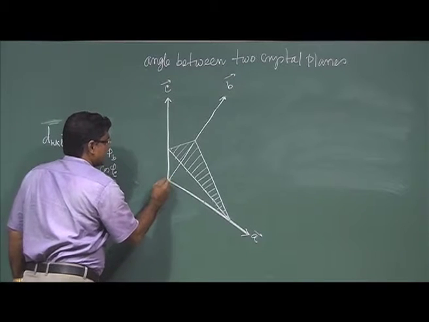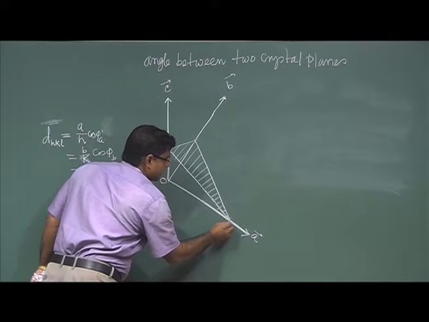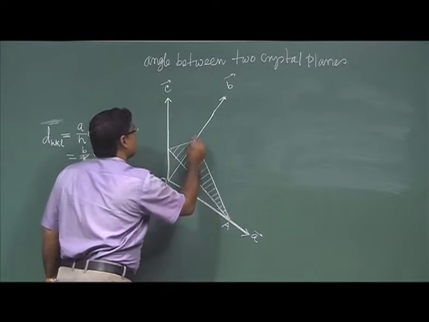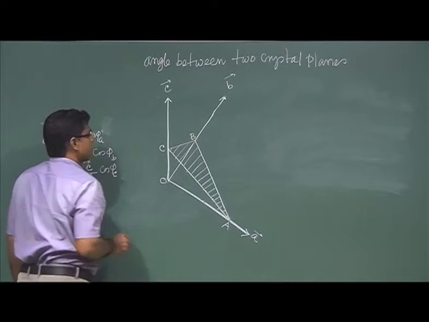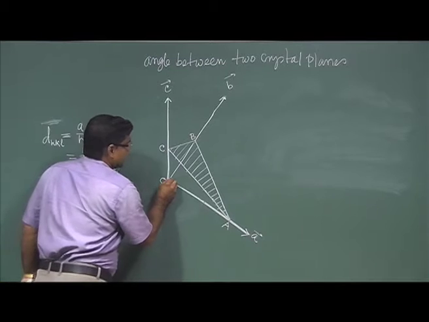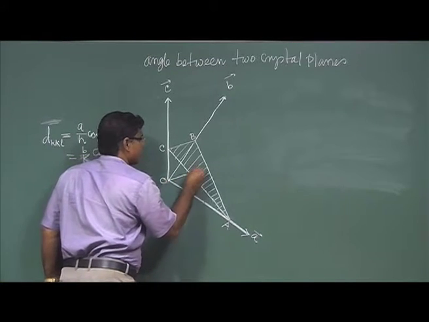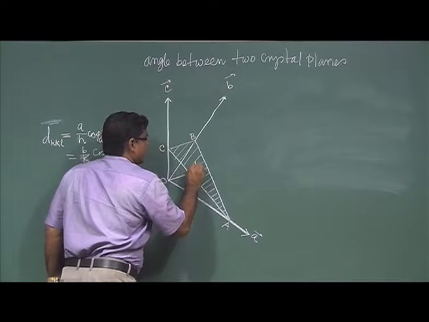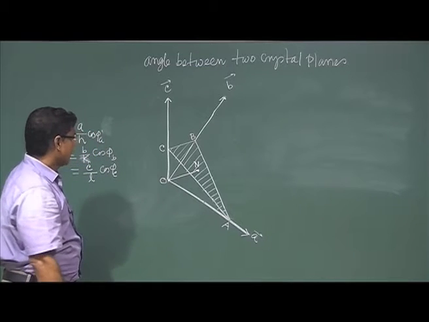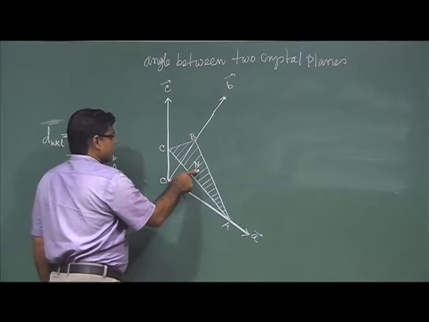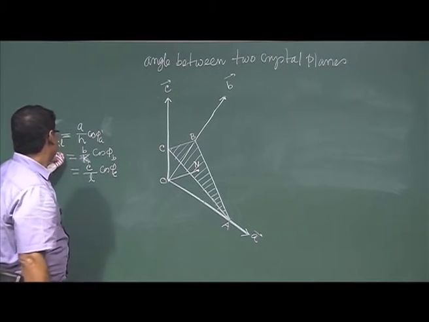So this is the origin O, and this plane, say A, B, C plane. Now if we draw a normal on this plane, the foot of the normal on this plane is say N, and ON is DHKL.